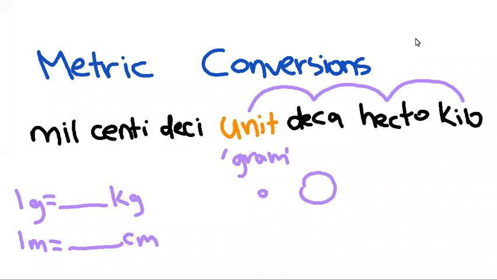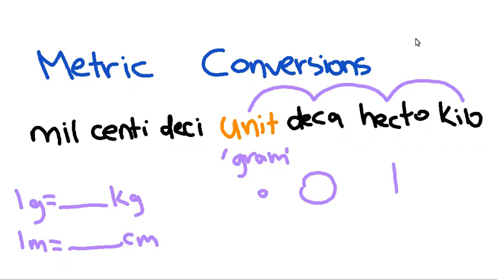Now, if we're going from something smaller to bigger, it's like taking something super small, like a teaspoon of sand, and putting it into a bigger bucket. So when you're going from something smaller to bigger, you move the decimal of what you were given, in this instance the 1, to the left. Because when you're expressing something small in terms of something big, it's not going to make the number bigger, it's going to make it smaller.